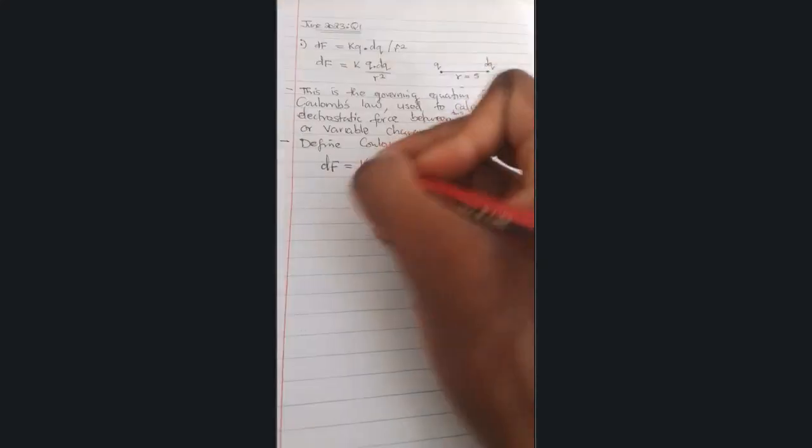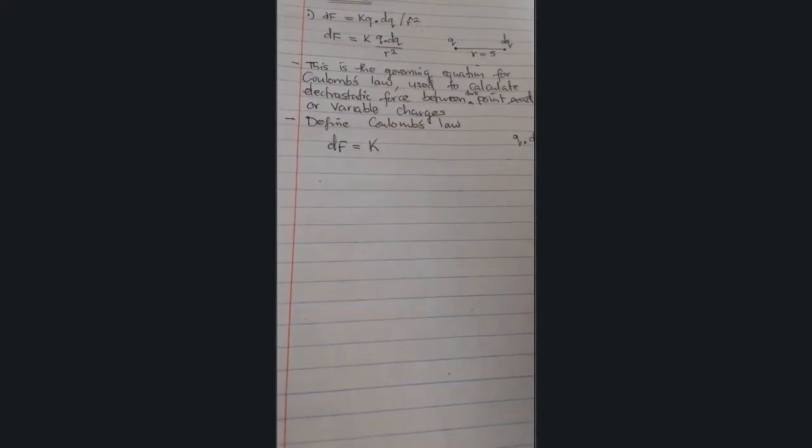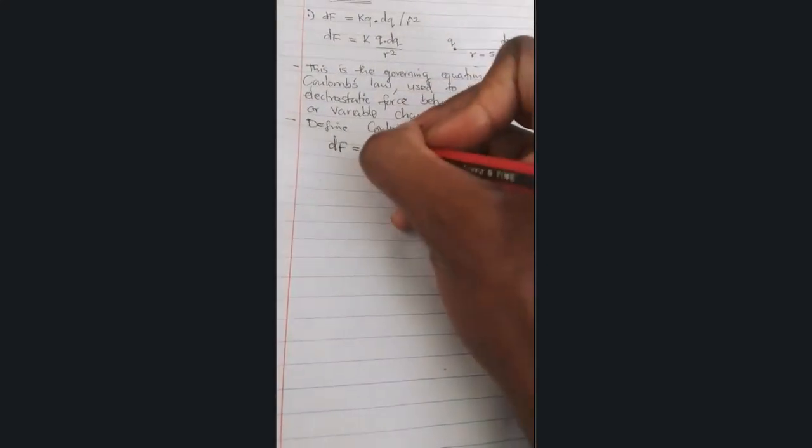To do a simple calculation, you assume that both charges are equal, or both charges are point charges, meaning their size is going to be 1.6 times 10 to the power negative 19. So you say F equals K Q dQ over R squared.